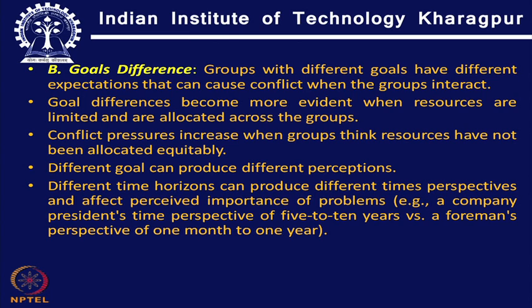These perspectives vary from person to person, for different age groups or persons in different hierarchies. So how the importance of a problem is perceived and what we do to solve it could be different from person to person based on their own backgrounds and the situations they are in and what they have to do, and that's why these goal differences may lead to conflict.